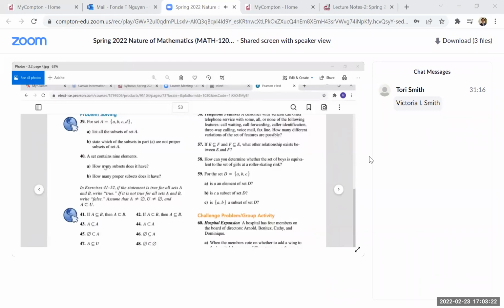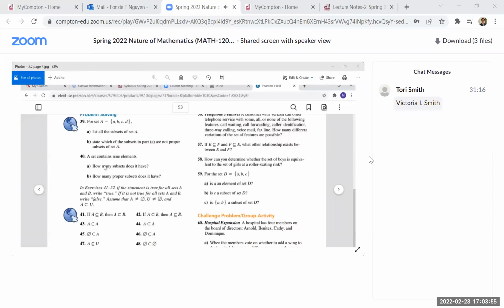If you need to use a calculator, feel free to use a calculator. Do you guys remember the formula for how many subsets there are?